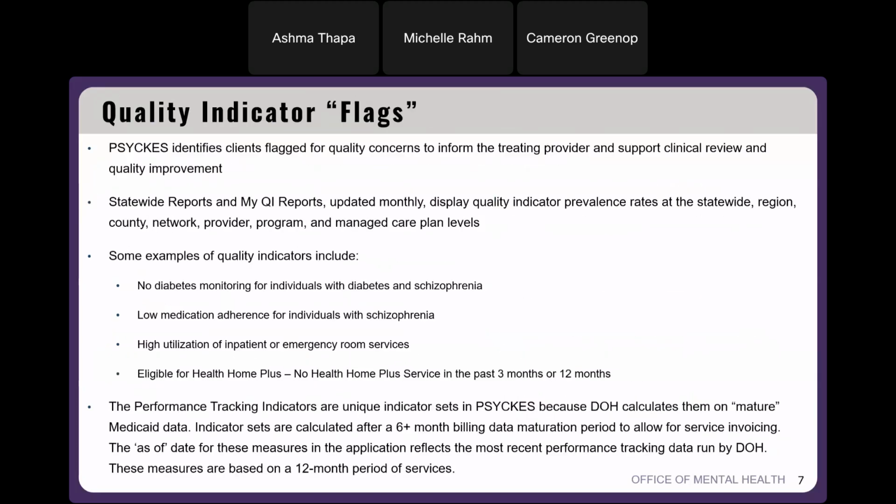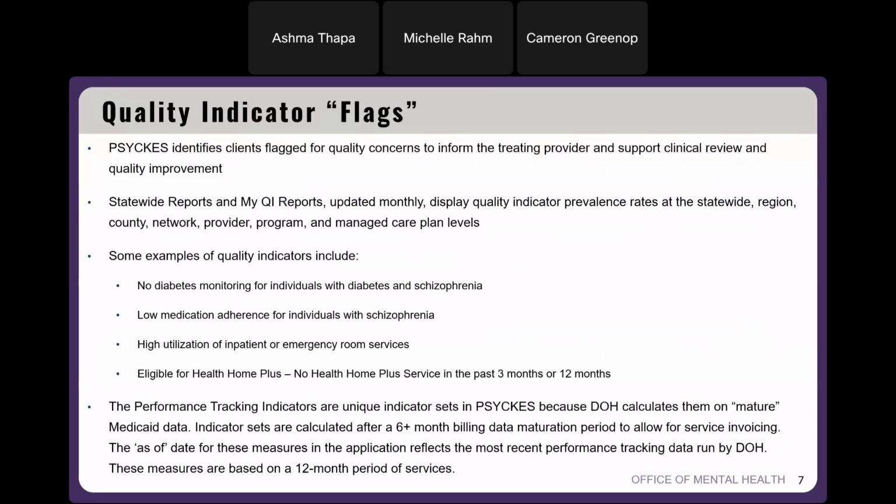Now let's take a look at the quality indicators or quality flags we have included in PSYCKES. The Office of Mental Health has identified a number of health conditions or achievement issues that are important for us to track. So PSYCKES identifies clients flagged for those health conditions or treatment issues, and it rolls up prevalence rates as aggregate data shown at the program level, the agency level, the network level, and so on.